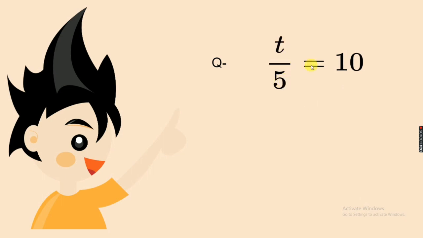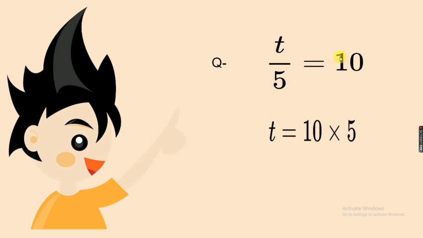Now you can see that t upon 5 is equal to 10. Now we have to remove this 5, so we have to transpose this 5 to the right hand side. How can we do this? The 5 in the division sign would be converted into the multiplication when we shift it to the other side. So we can write that t is equal to 10 multiplied by 5.